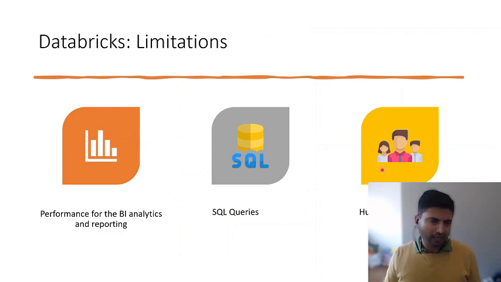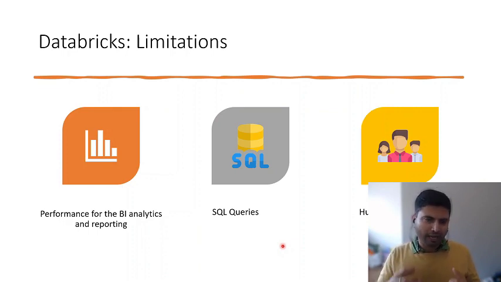Now, like any other tool in the market, you will have limitations, because it always goes back to how your architecture is designed. Databricks does as well. We have been seeing that it all sits on flat files. There's a Spark architecture trying to pull the data as and when you need.